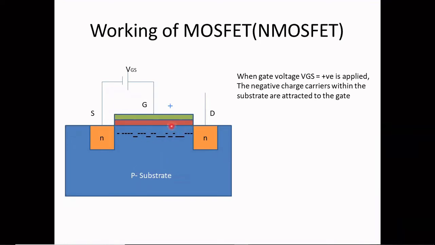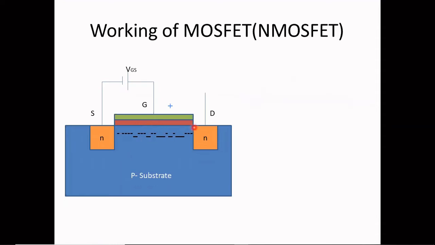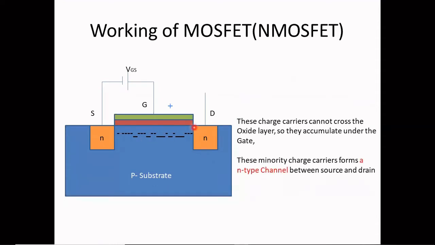So whatever electrons are present inside the substrate cannot go to the metal layer. Whatever electrons are attracted will accumulate under the gate. These accumulated electrons will form a channel of electrons.